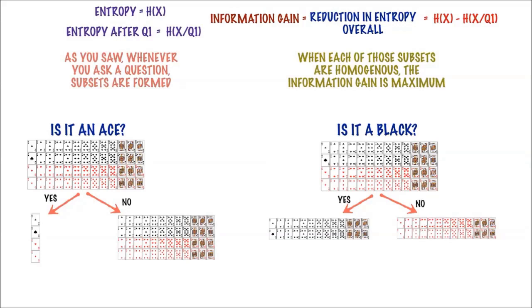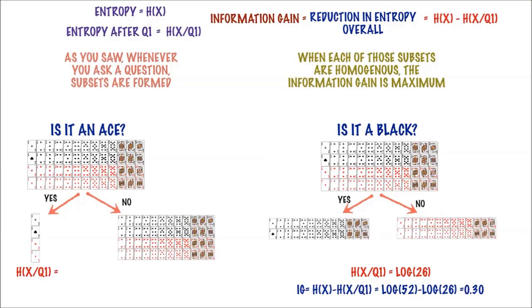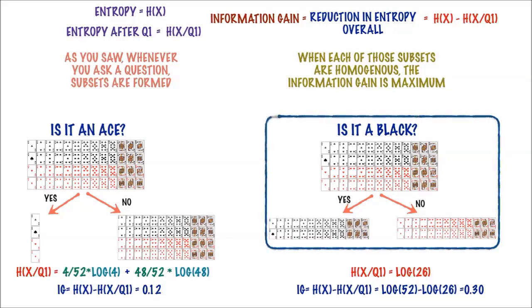You're left with one subset which is very homogeneous, only aces, but the other subset has too many different types of cards. If you mathematically compute the information gain in each case, you will see that the information gain when you ask, is it a black, will be higher than the information gain when you ask, is it an ace? So, is it a black is the better question to ask.